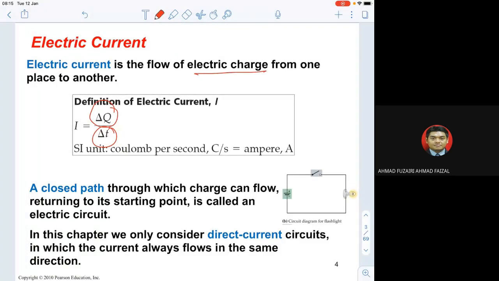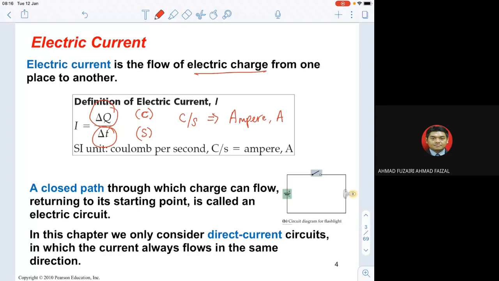The quantity of charge has a unit of coulomb, capital C, and of course time is in seconds. So you can say that coulomb per second is equivalent to ampere, capital A. This is the ampere, right?